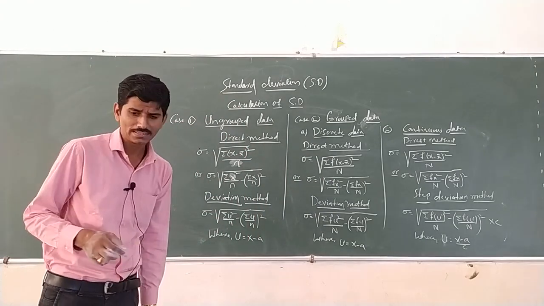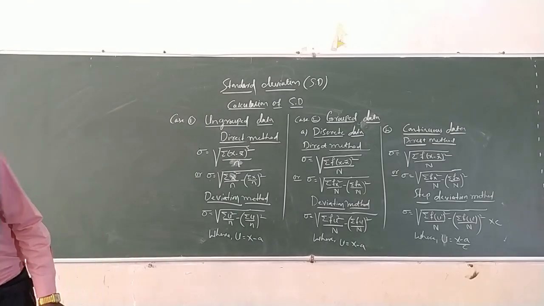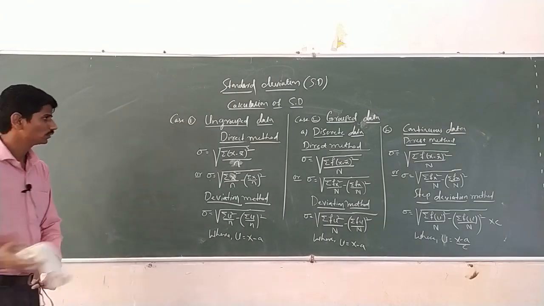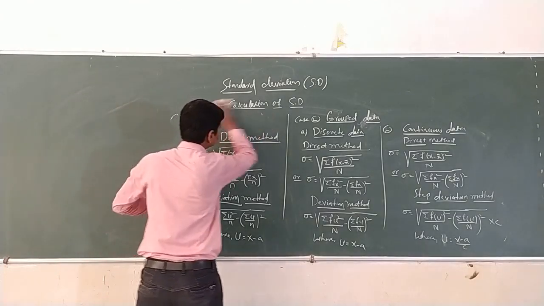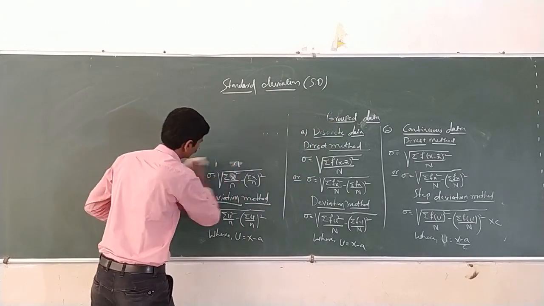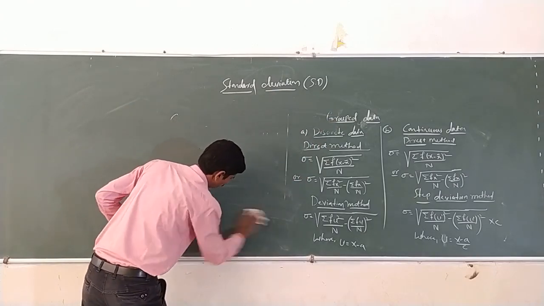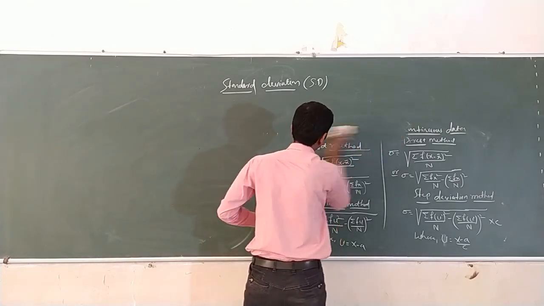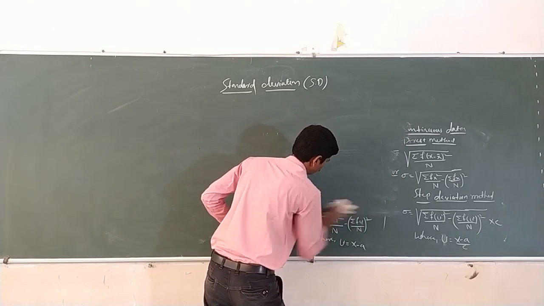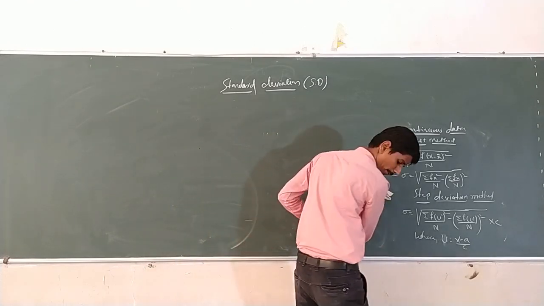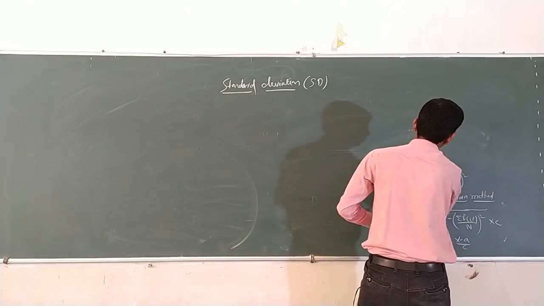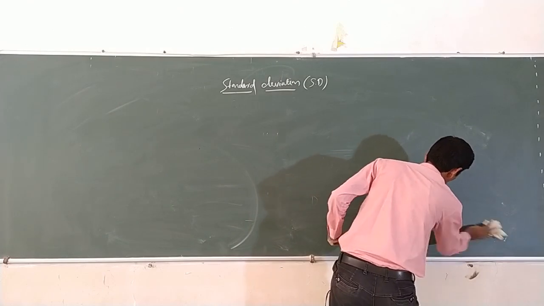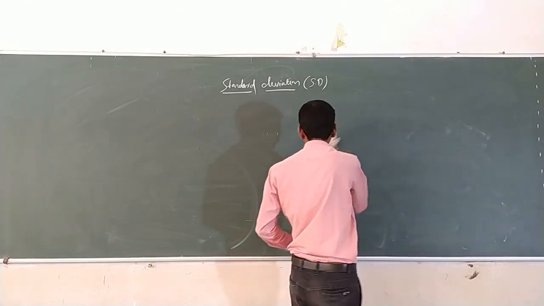Okay, the next concept is properties of standard deviation. Here, in total 4 properties are there.